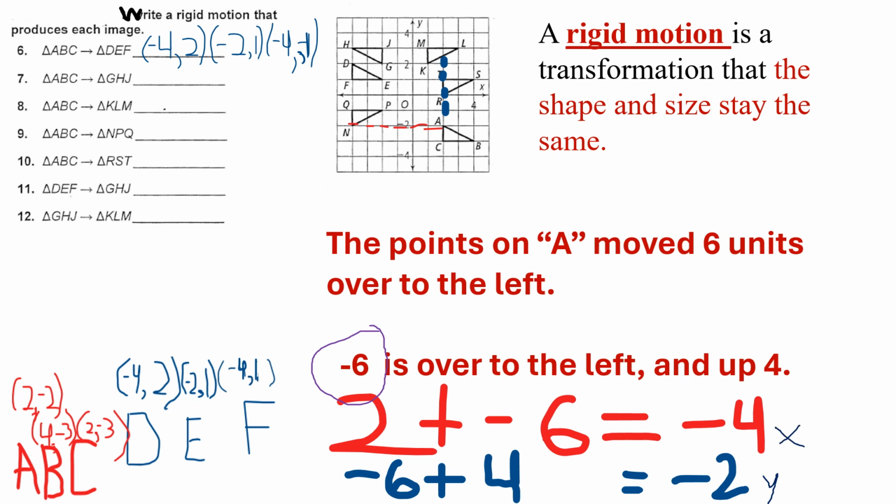So your original point for B was 4 plus negative 6. I'm going to write that better. 4 is positive. B's value is right here. 4 and negative 3.